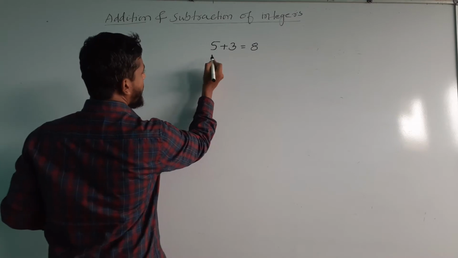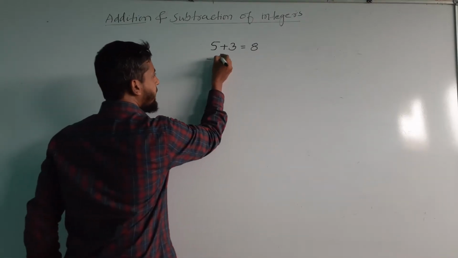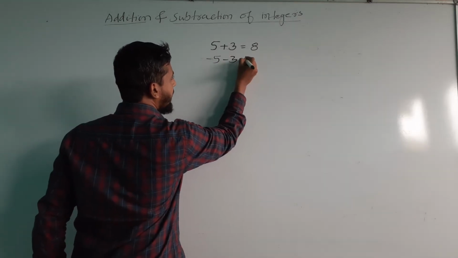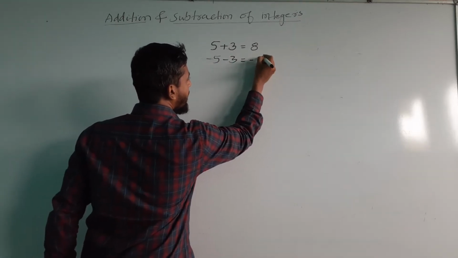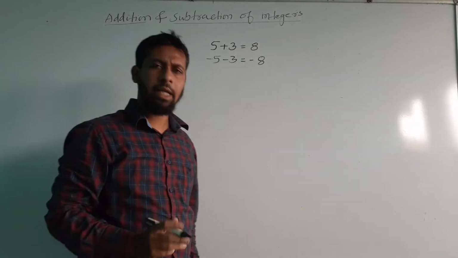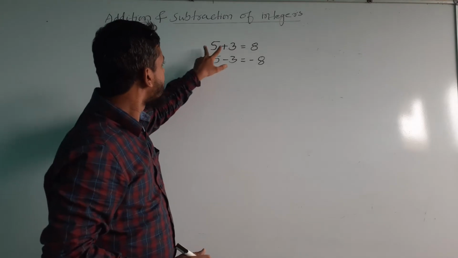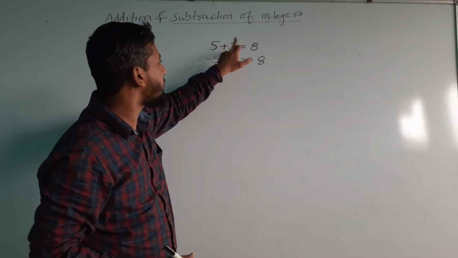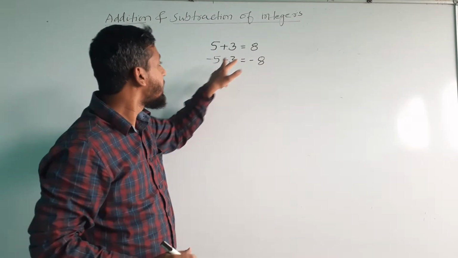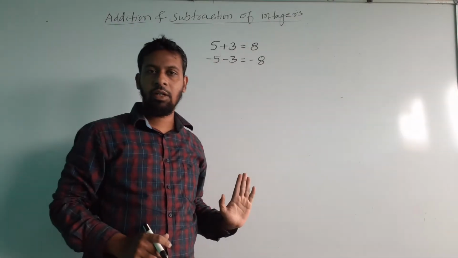Now we will take one more example. -5 minus 3. The result will be -8. See here. Sum of positive integer is positive. Sum of negative integer is negative.